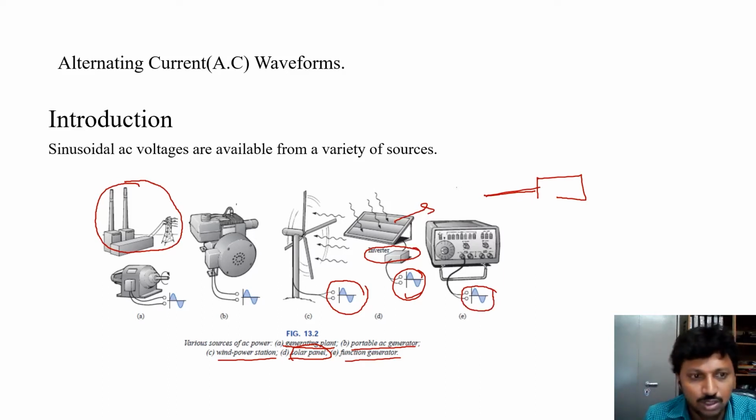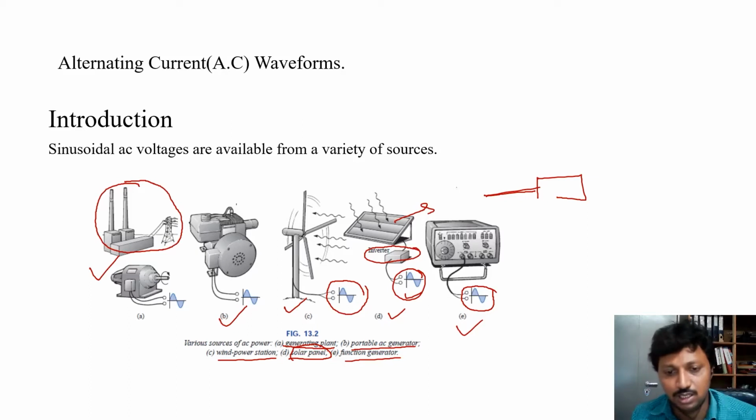You see AC power at generation stations, the portable AC generator, wind power stations, and the function generator available in the lab, which generates an alternating current waveform.